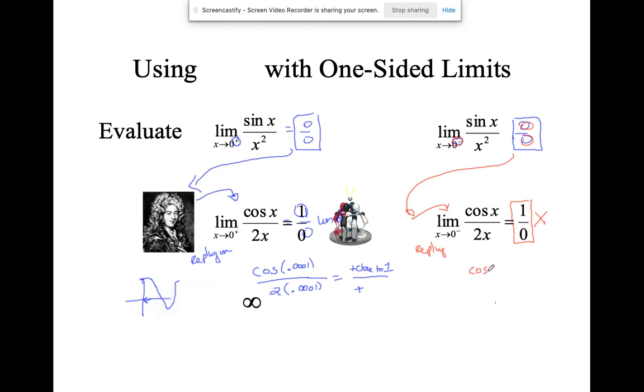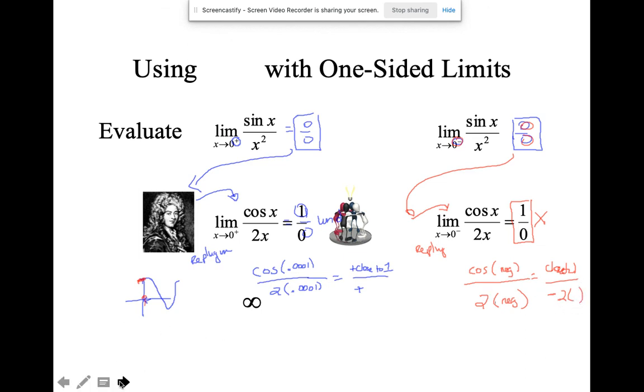This time I'm putting in really, really small negative numbers over 2 times really small negative numbers, so I'm going to get negative. But what about the numerator? Cosine of 0 is still up at 1, so this is still going to be close to 1, but the whole thing is going to be negative 2 times, blah, whatever.